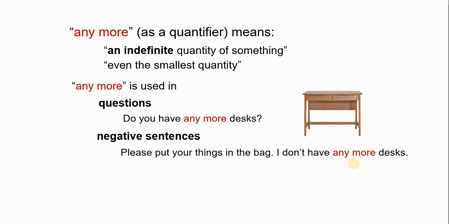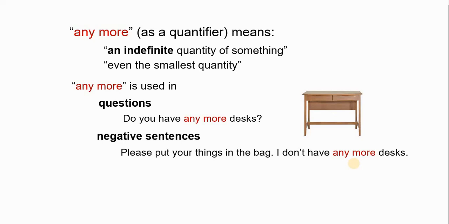So I don't specify the number of desks that I don't have. This means, for example, I did have 3 desks, but they are all used. They're all occupied. And now I don't have any more desks. Alright? I'm sure you understand the meaning.